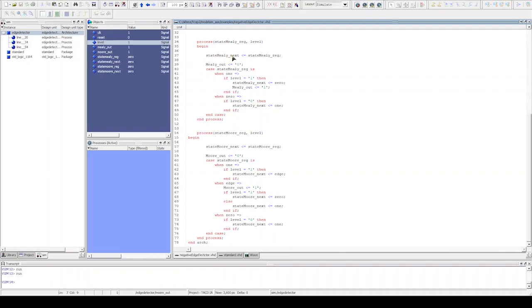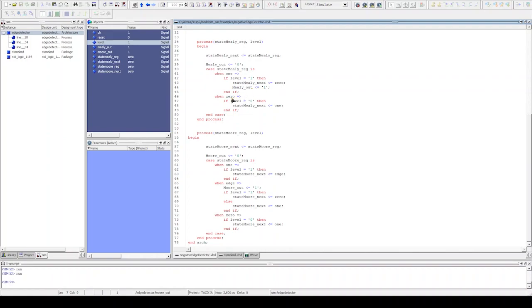First we have to assign the current state of the Mealy machine as the next state and Mealy out as 0. If the current state is 1 and the transition symbol is 1, the next state is assigned to 0 and the output of the Mealy machine is given as 1.